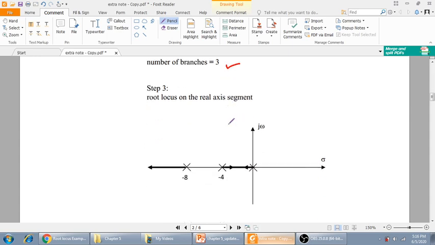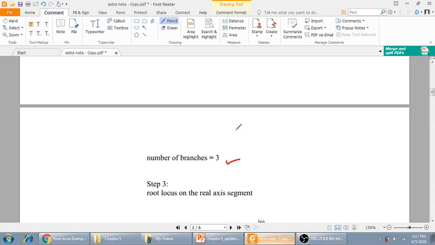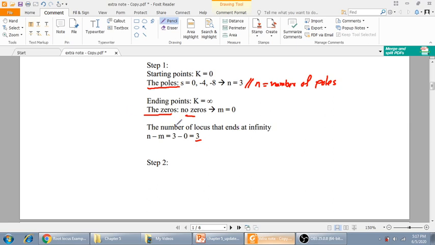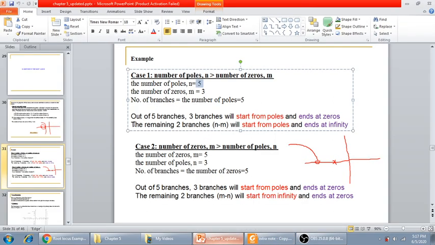Now in step 3, another thing we need to find from the slide is the remaining branches, that means n minus m, which will start from poles and end at infinity.